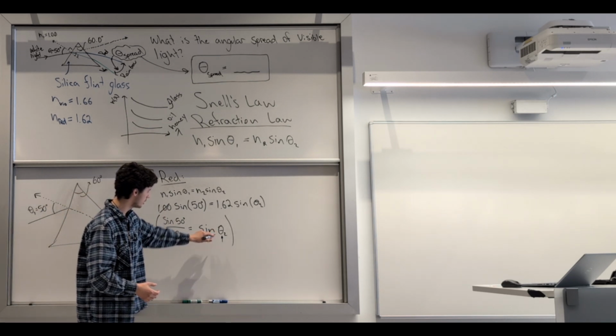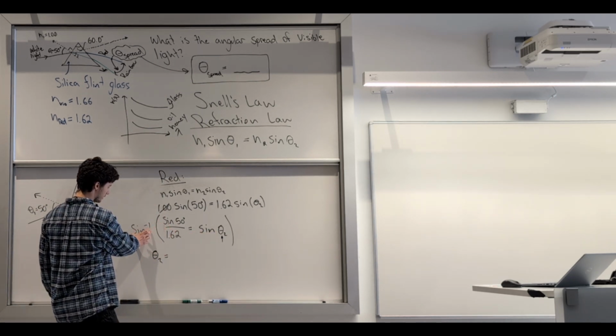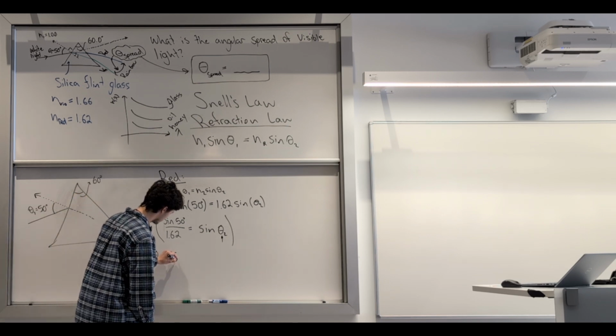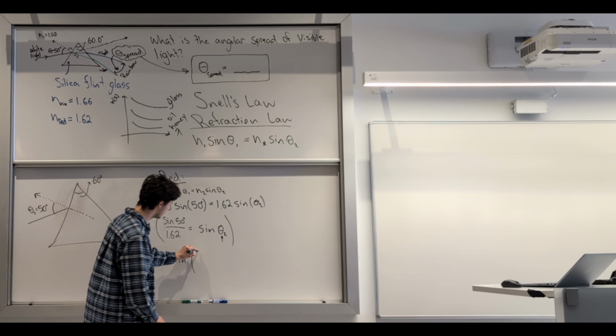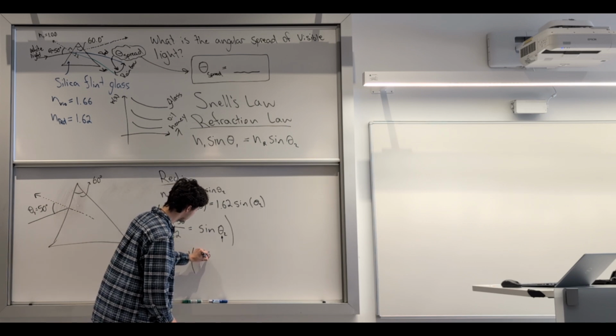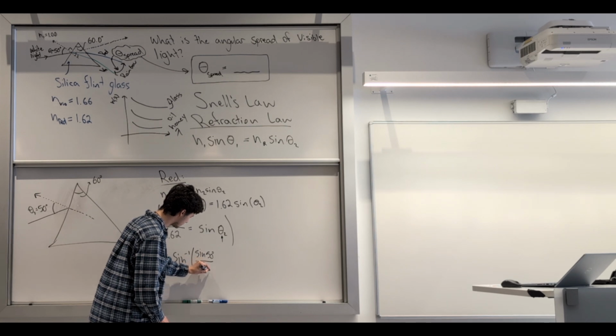So on one side of the equation, I have isolated theta 2. On the other side of the equation, I have sine inverse, and inside it, sine 50 degrees divided by 1.62.